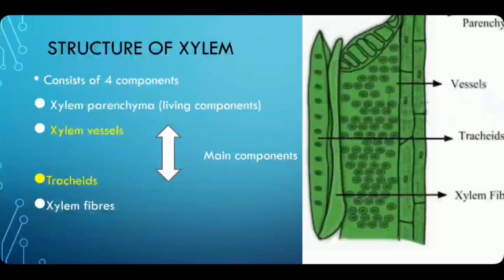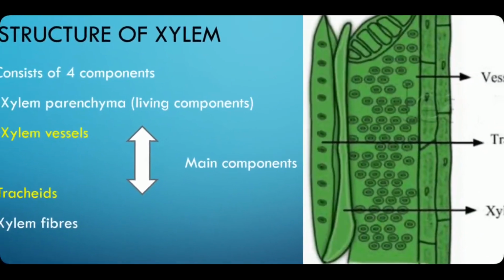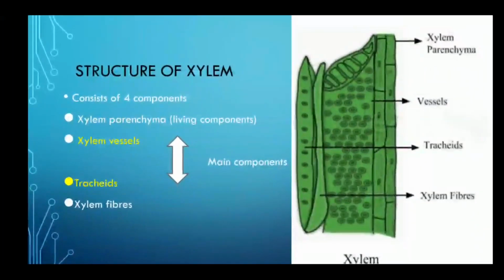The xylem vessels and tracheids have lignin deposits over them, which makes the cytoplasm dead after maturing. Similarly, xylem fibers have sclerin deposits and also die when they mature. Among all four components, xylem vessels and tracheids are the main components of the xylem tube, so their function is to conduct water.